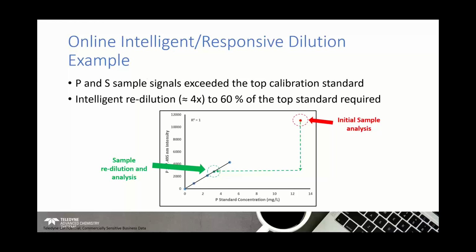Now, based on the signal that was exhibited by the top calibration standard, and also the signal from the unknown sample, a redilution factor was calculated by the system of around about 4-fold dilution, and that would bring that sample down to within 60% of the top standard. And then we undertook our reanalysis and collected our data.